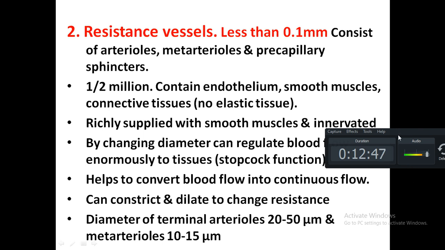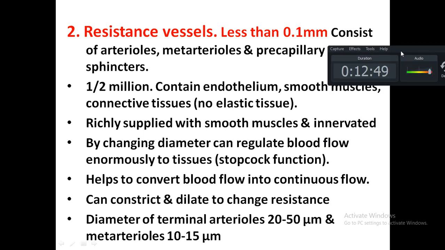They are richly supplied by smooth muscles, and these smooth muscles are innervated by autonomic nerve endings. These resistance vessels are very important because they can change the diameter of their lumen, and this will regulate the blood flow to a particular organ or tissue. So they act with a stopcock action.